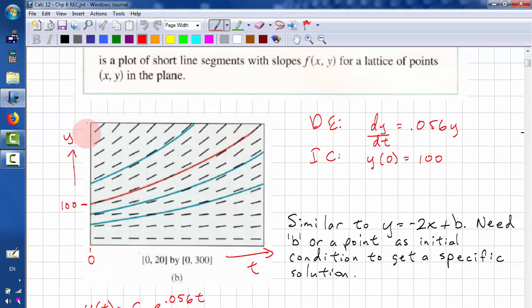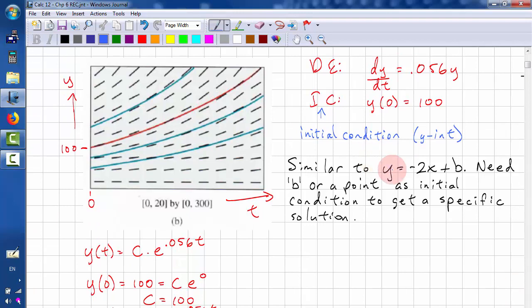So in this graph, we have y being vertical and t being horizontal. If we have the differential equation dy/dt equals 0.056y, the initial condition, and this happens to be the y-intercept, because we're doing y of 0 equals 100.